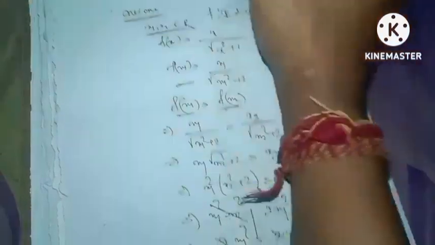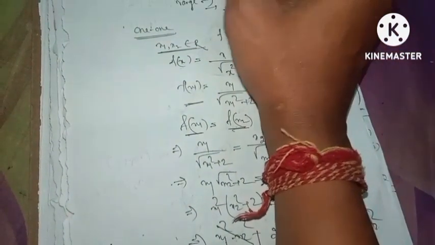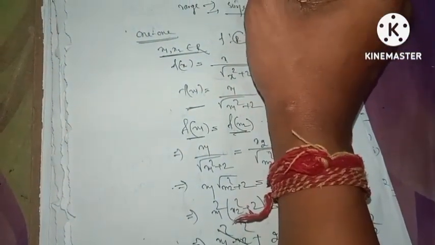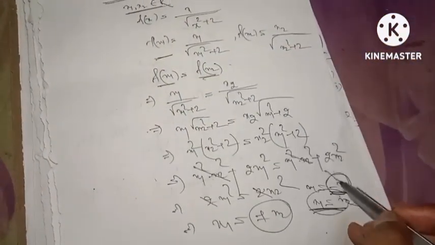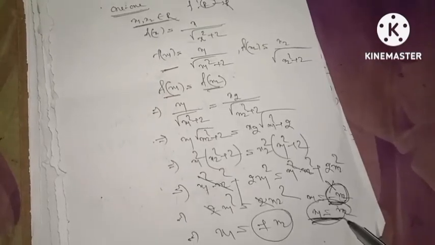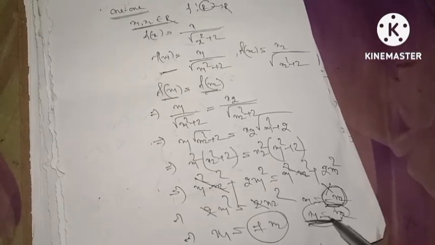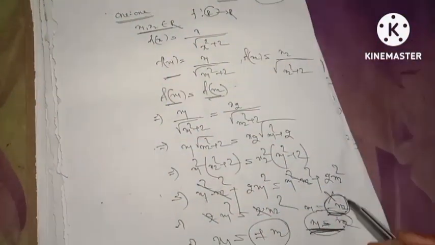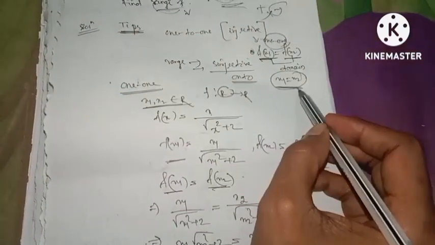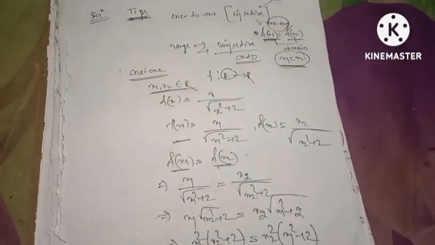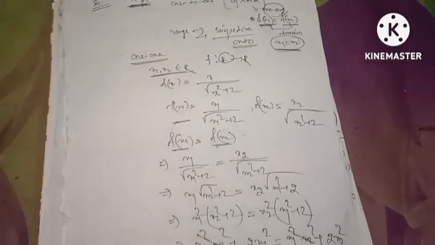When you put the negative, its square is positive, but it is not required, so the negative is avoided. So only x1 = x2 is true. Whenever x1 equals x2, it is called one-to-one. So this is one-to-one, because in this domain x1 = x2 exists.